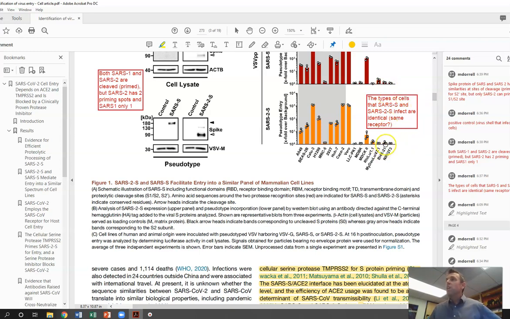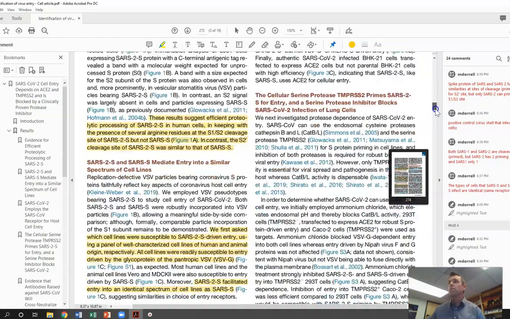So if you make those BHK21 cells express ACE2 and now suddenly the virus enters, that's a pretty good indication that ACE2 must be the receptor, because it could not infect those cells until you made those cells express ACE2.